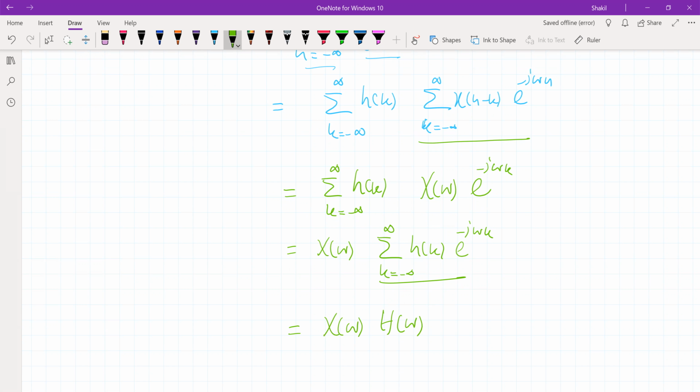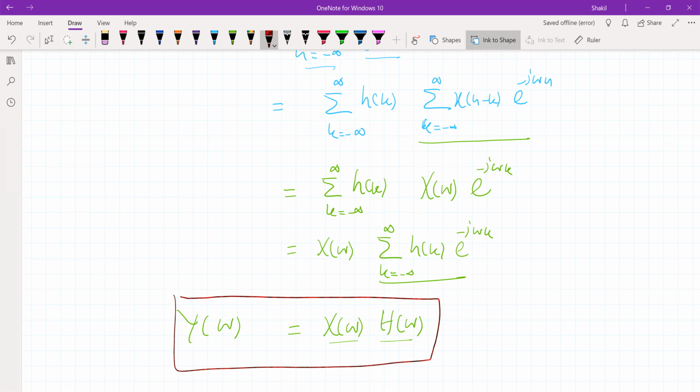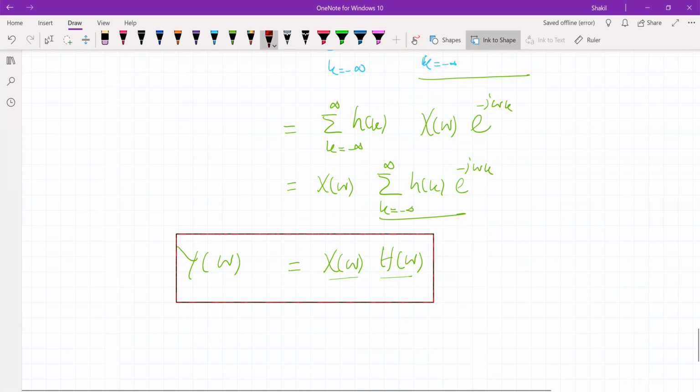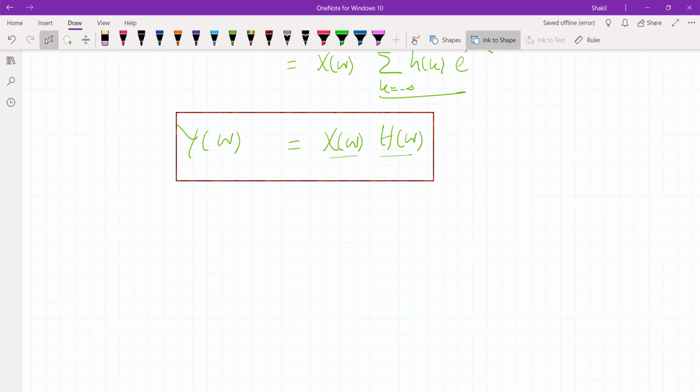So the discrete time Fourier transform Y of omega is X of omega H of omega. This is a very important property of this Fourier transform. So if two sequences are convolved in time domain, if you take the Fourier transform, the result will be simply the multiplication of the discrete time Fourier transforms of the sequences. This is a very important property of transform theory.